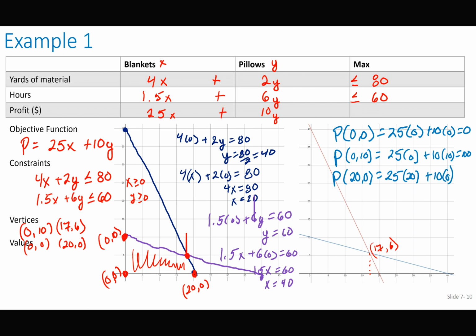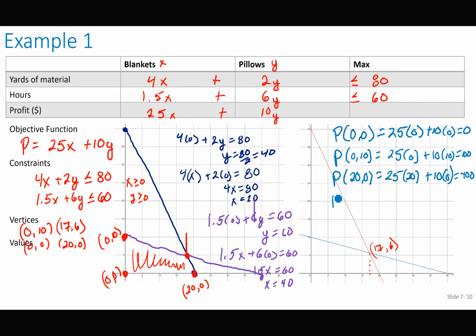What's 25 times 20? 25 times 20. 400. Okay, so that one's 400.